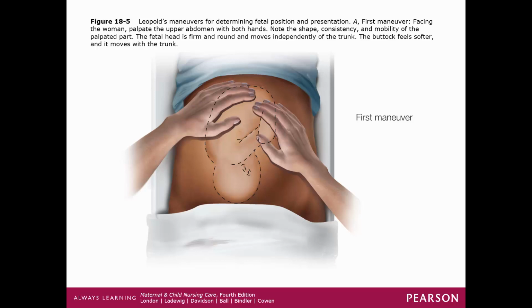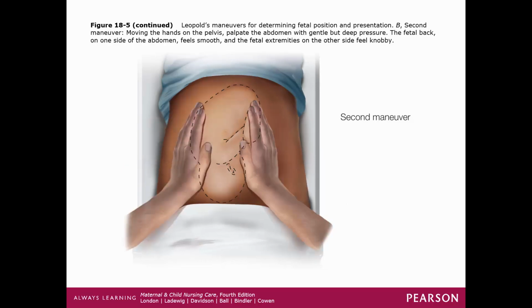For the second maneuver, you're still standing facing her at her side, and now you're taking your hands, one on either side of her abdomen, and feeling: do you have a bumpy, nodule-like feeling on one side, which would be knees, elbows, hands, and feet, or are you feeling a smooth, continuous surface on the side of her abdomen, which would probably be her back?